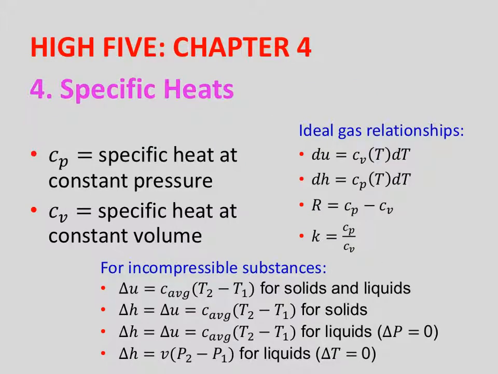Next, there's a topic called specific heats. Everything has what's referred to as specific heat, which is how much energy a given material takes to rise 1 degree Celsius. CP is the specific heat for constant pressure, like our boundary work problems we just talked about. And CV is for constant volume, in which there's no work.